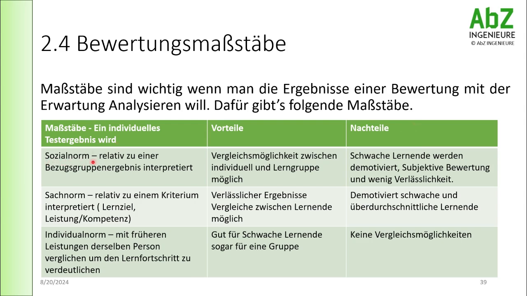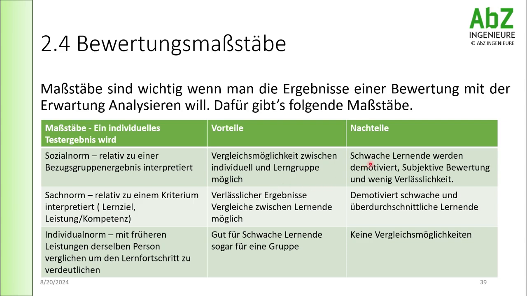First up is Sozialnorm. So this is basically how good is the student with respect to his classroom. So you have a bunch of 10 students who are extremely good. Then this Maßstäbe Sozialnorm helps to interpret who is the best student among the 10 and how good he or she is. So the advantage is it helps to compare one student against a particular learning group.